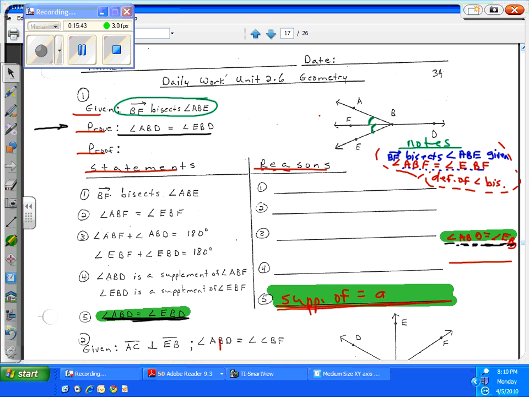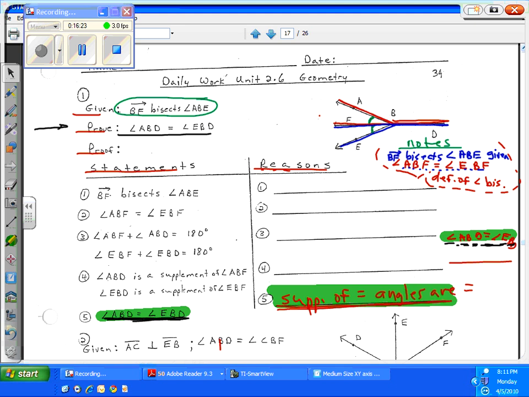of equal angles are equal. So then we say, well, if I'm going to prove that they're equal because they're supplements of equal angles, then I need a statement that says that the angle that ABD is a supplement of is equal to the angle that EBD is a supplement of.